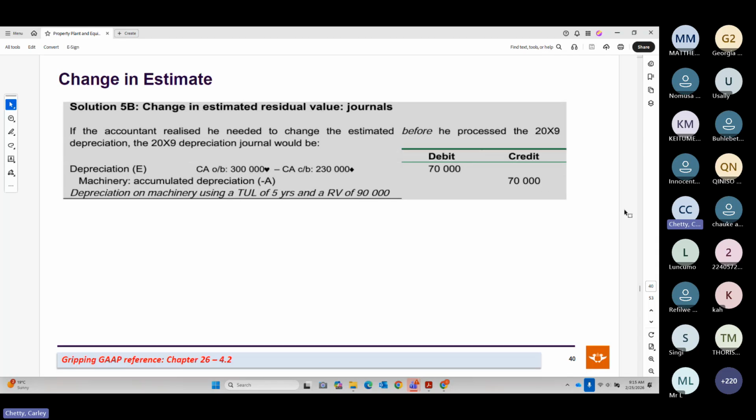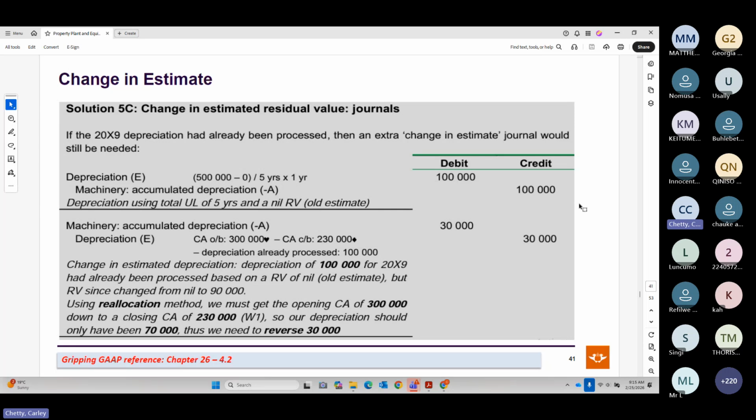However, if we have a situation where the accountant already processed the depreciation using the previous residual value, we then need to look at the journal that's processed to update the depreciation to what it should be using the new residual value.